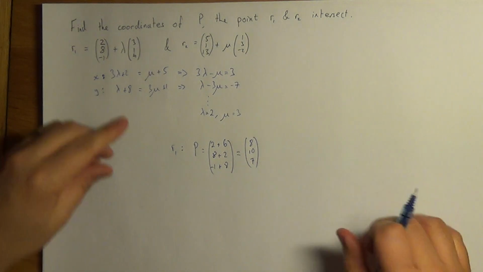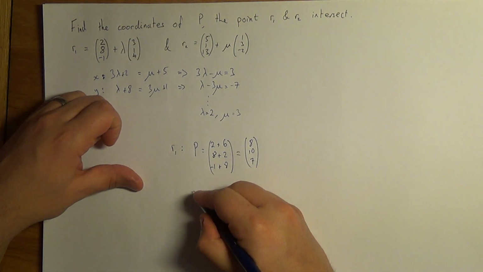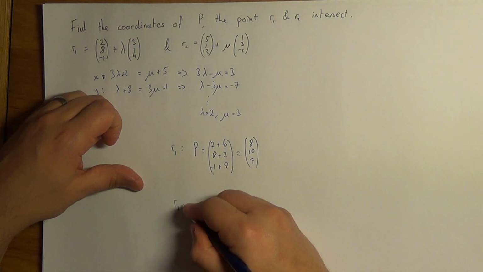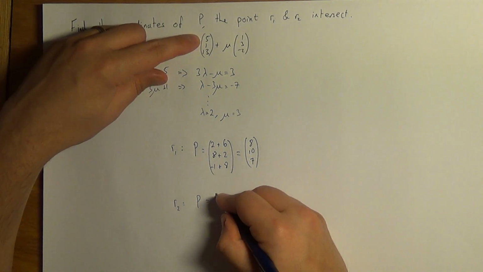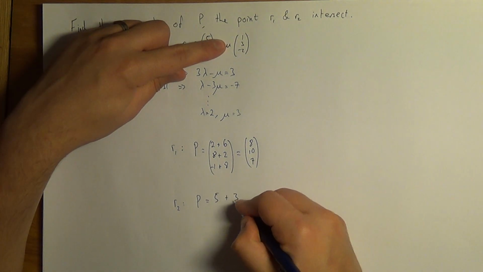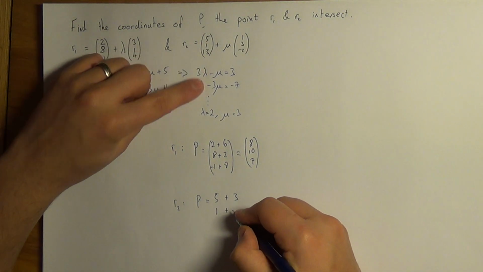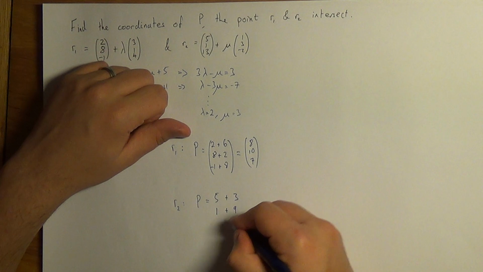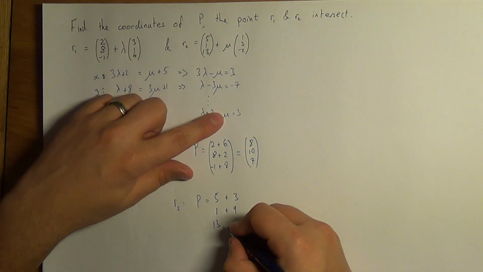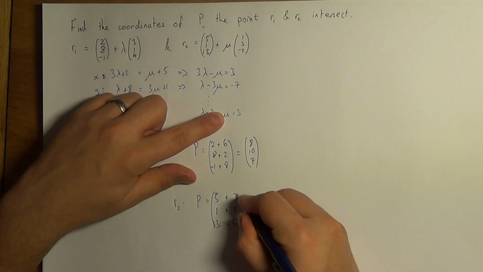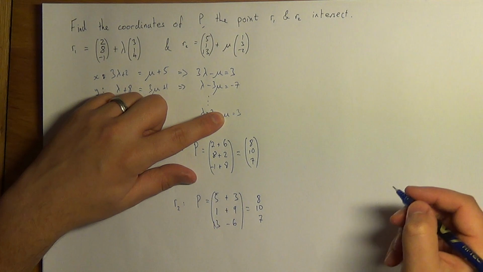Now there's no harm in checking, because that point should be the same on this line as well. So for R2 we get that P is 5 plus 3, 1 plus 9, and 13 take away 2 lots of 3 takes 6, which is 8, 10, 7.